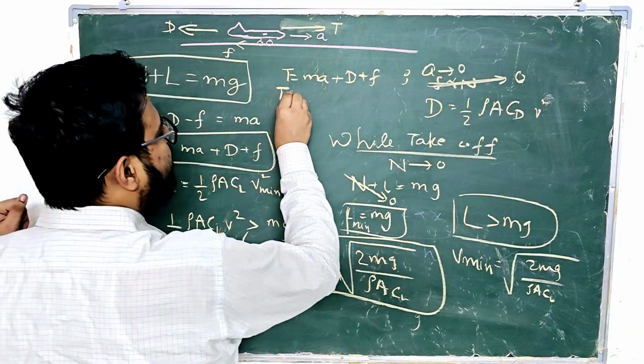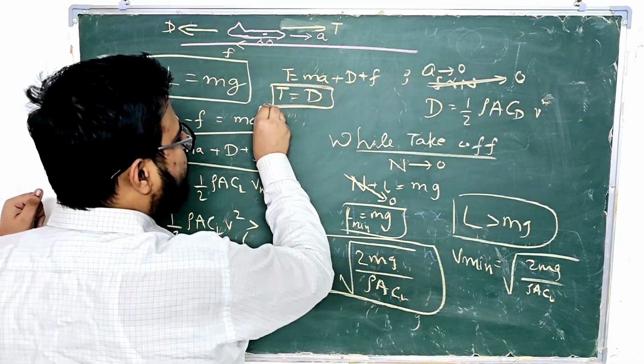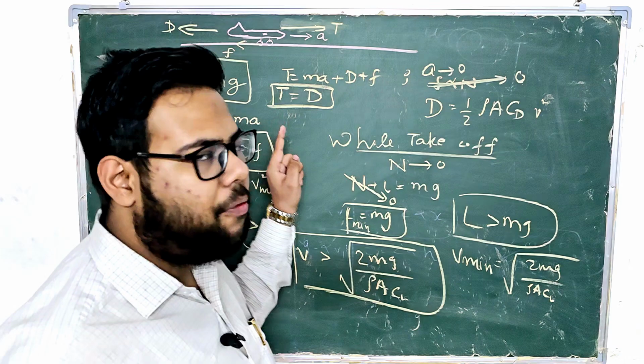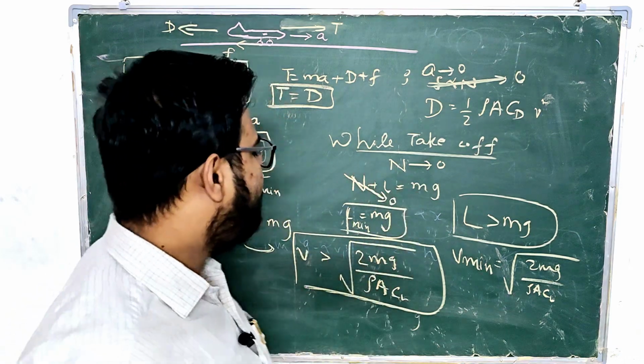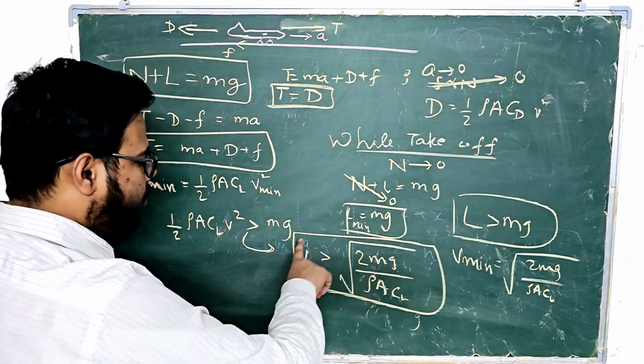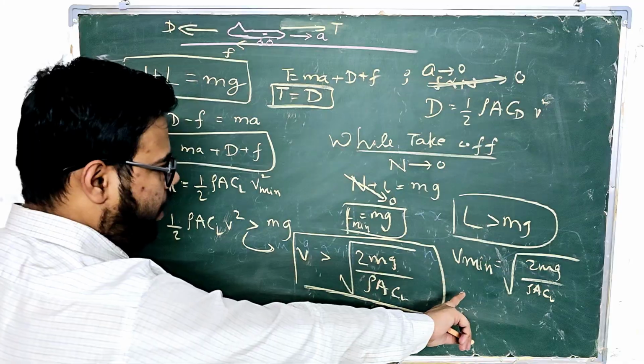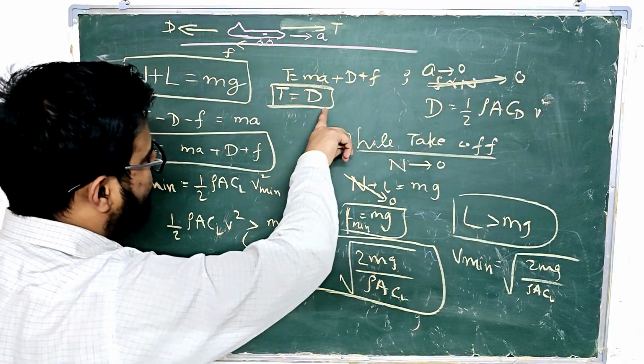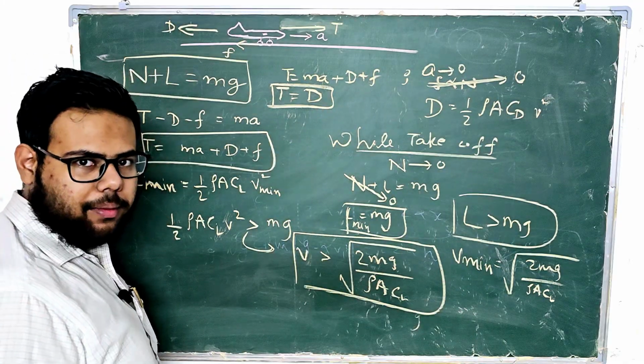So we'll be left with T is equal to D in case of takeoff. So this is how we calculate the minimum velocity for takeoff, and this is for the thrust force required.